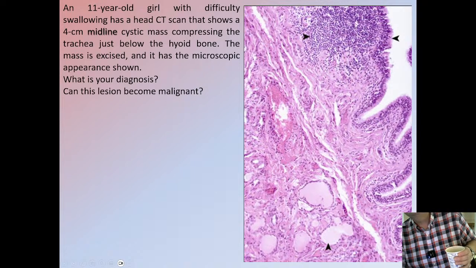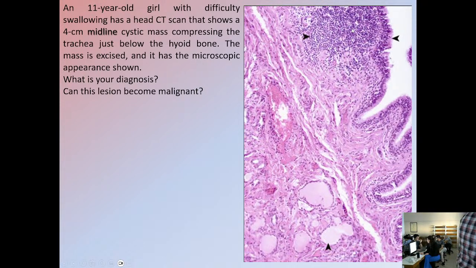These cells here in the stroma, what are these cells? And they have a nodular configuration. What can these cells be? Lymphocytes. And they most probably make a follicle. So we have lymphoid tissue.